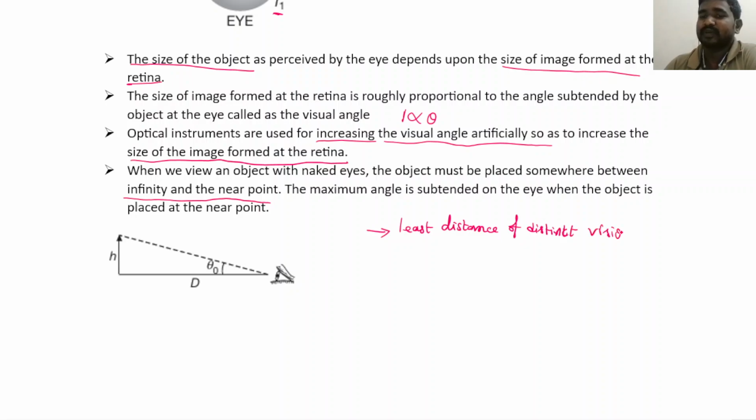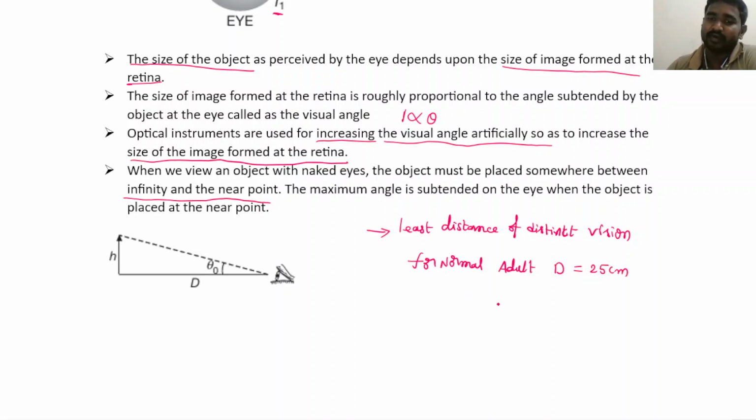It depends on the age of a person and on the optic nerves. Here, basically, I have given the least distance of distinct vision for a normal adult. For a normal adult, you can take it as capital D, of the order of 25 centimeters.